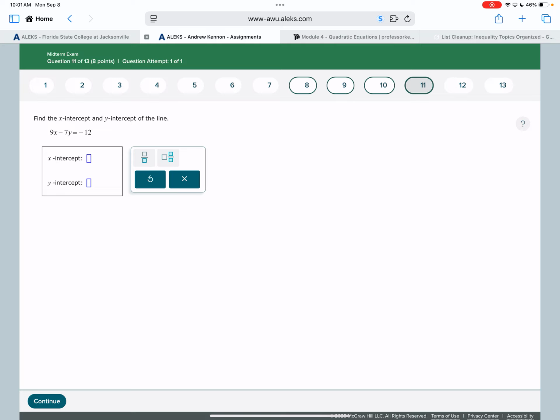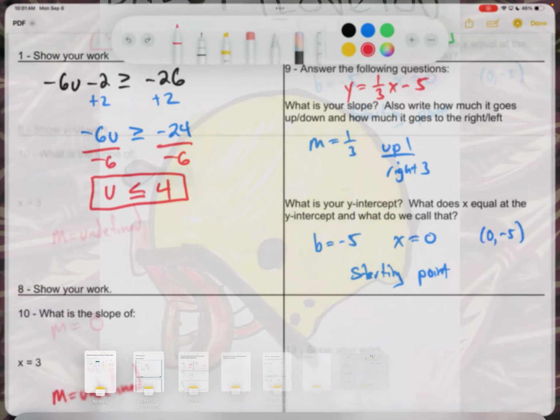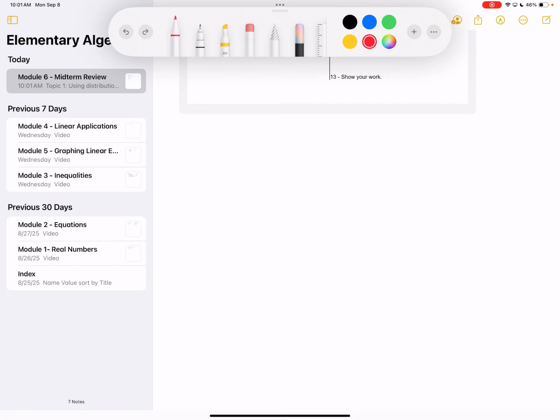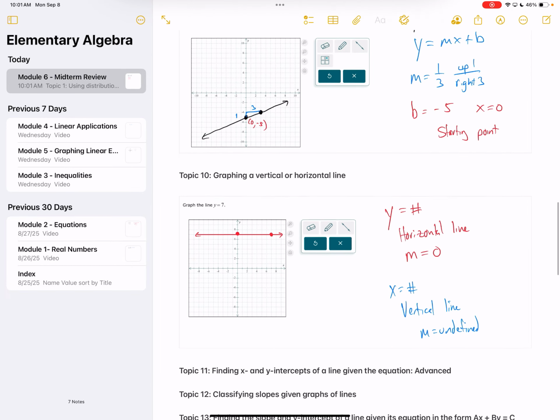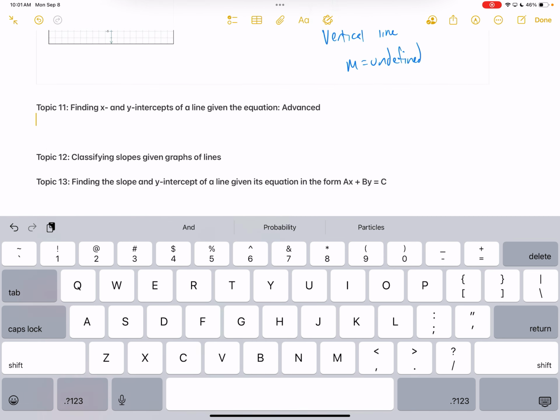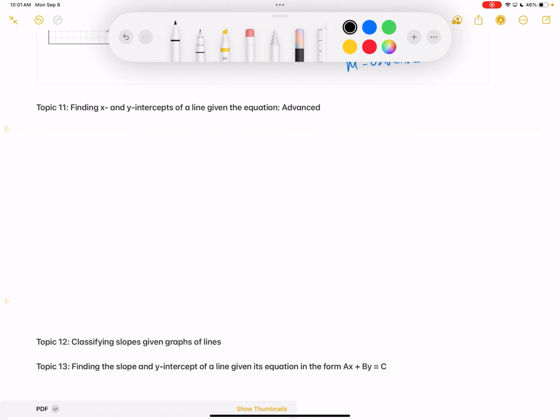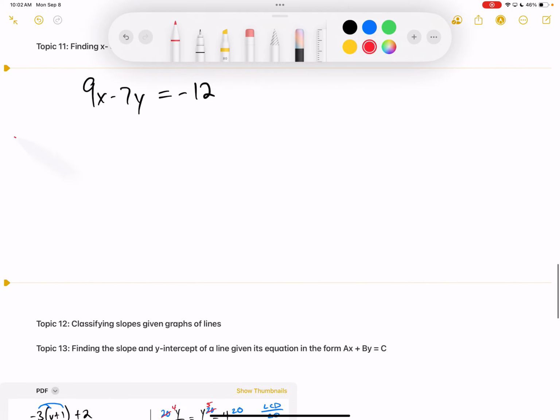Finding the x and y-intercept. 9x minus 7y equals negative 12. All right, to find the x-intercept, we make y be 0.